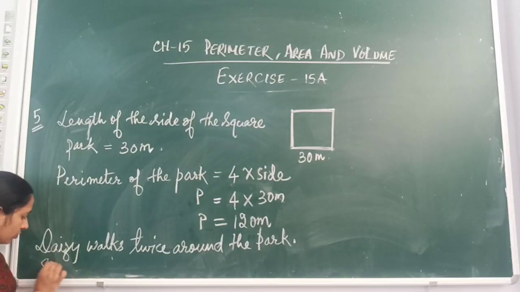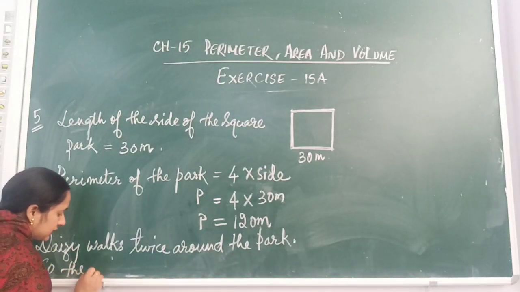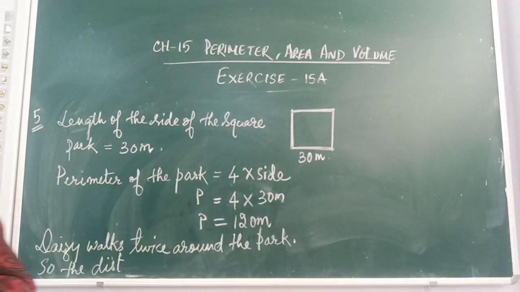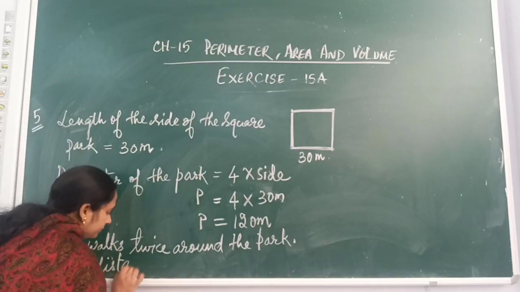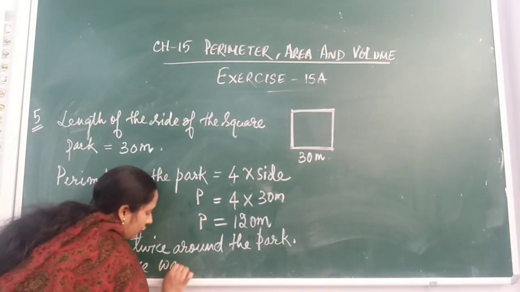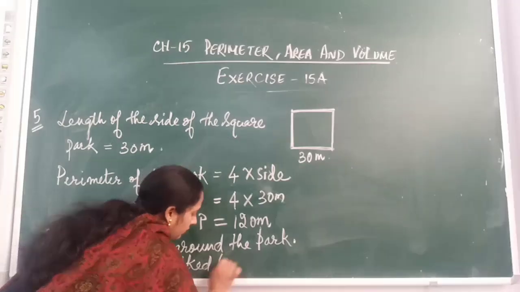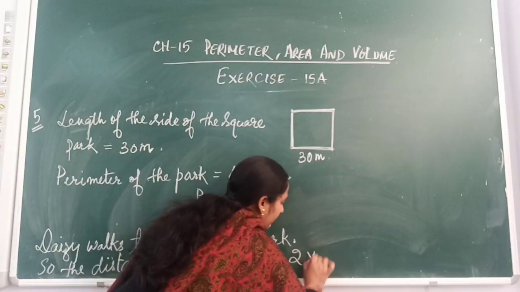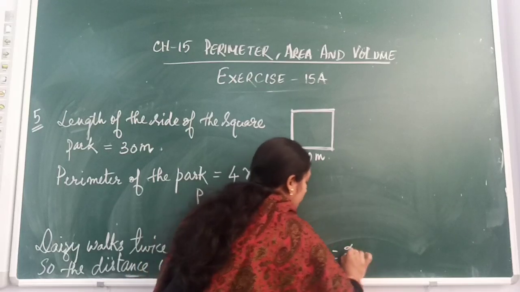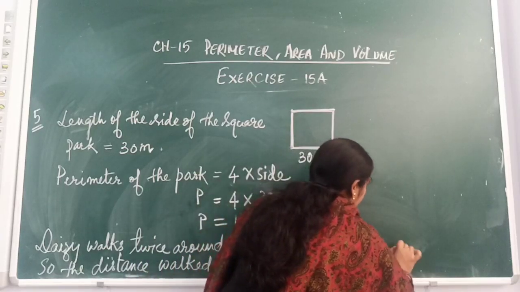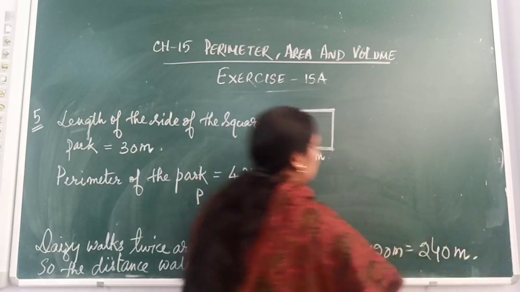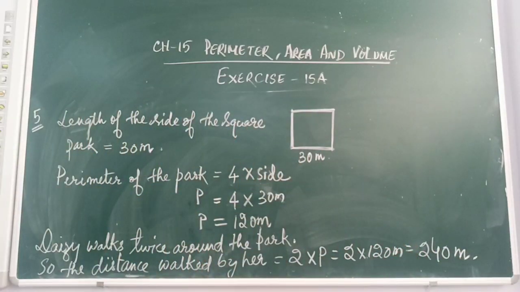So, the distance walked by her is how much? Twice of the perimeter, that is equal to 2 multiplied by 120 meters is equal to 240 meters. Understood?